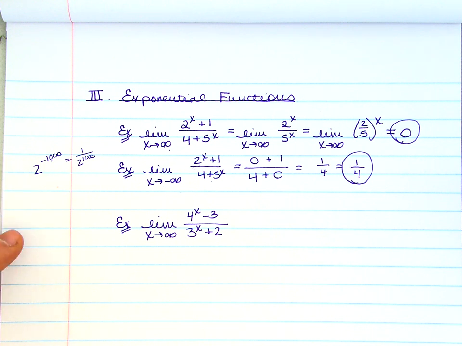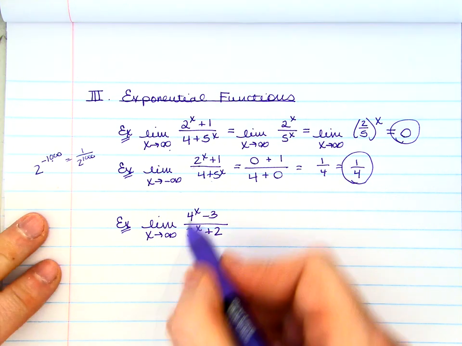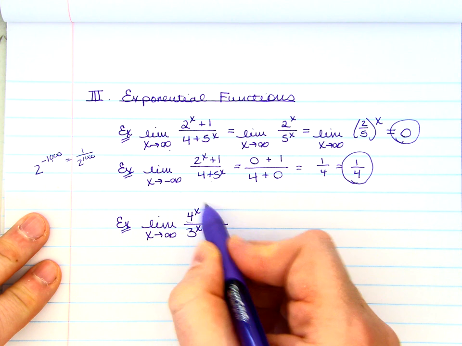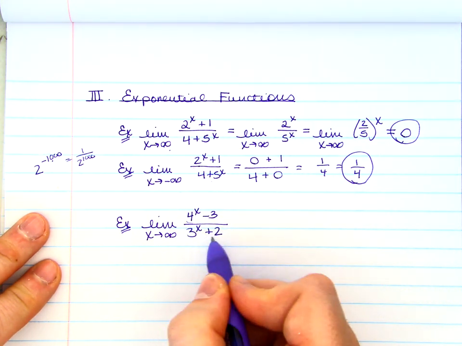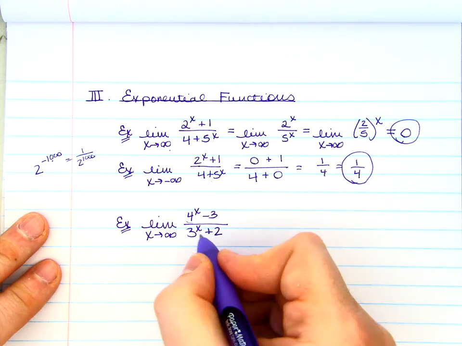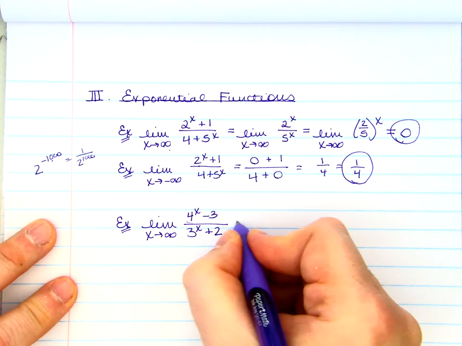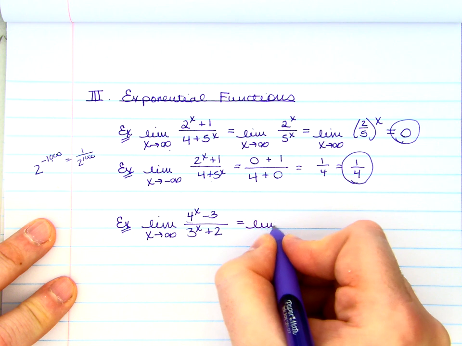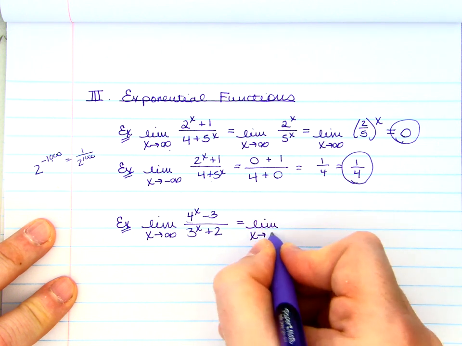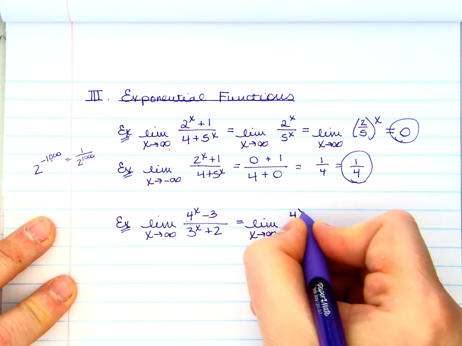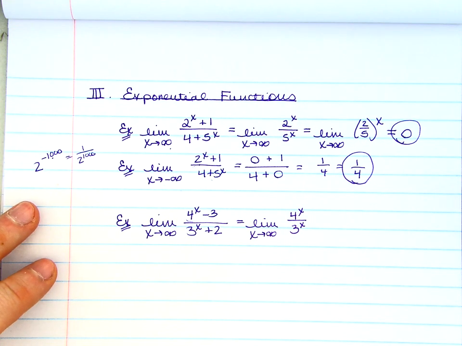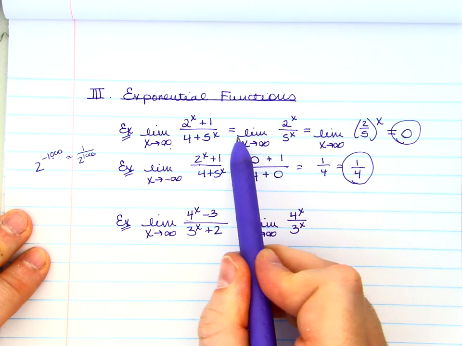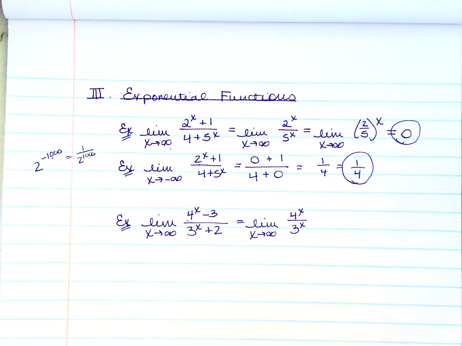Because I'm approaching positive infinity, 4 to a huge number is so much bigger than minus 3, and 3 to a huge number is so much bigger than 2, I can ignore the constants, and I can just make this the limit as x approaches infinity of 4 to the x over 3 to the x. See if you can proceed the way we did in that first example.